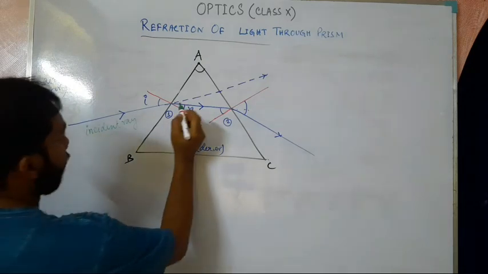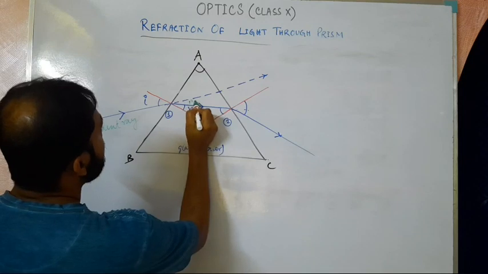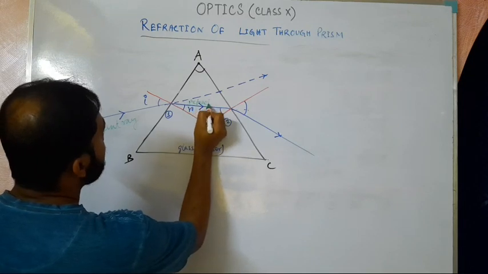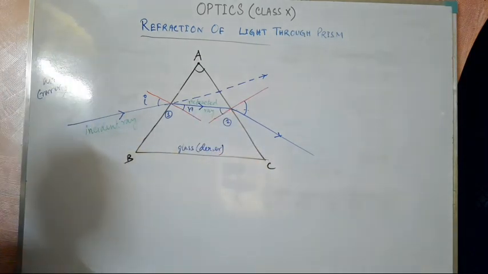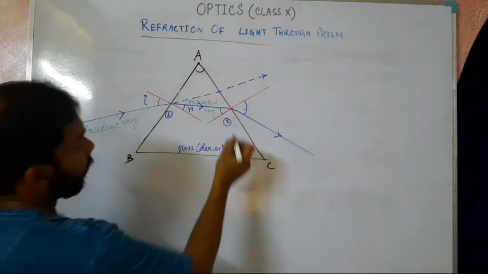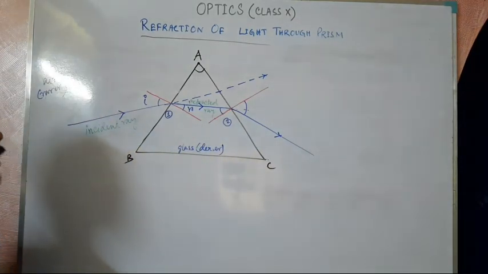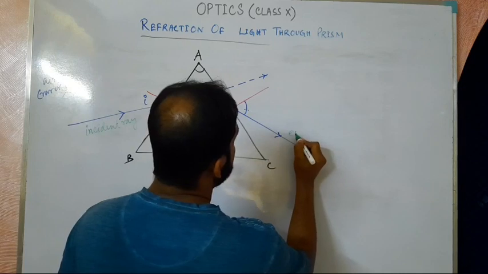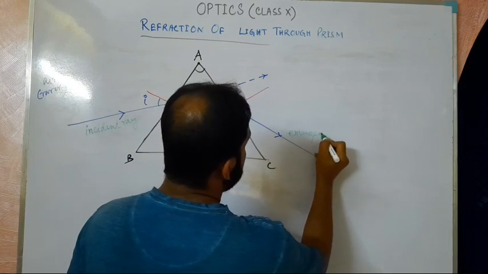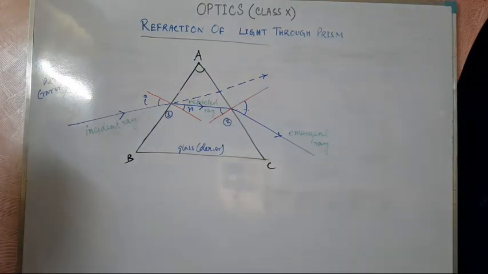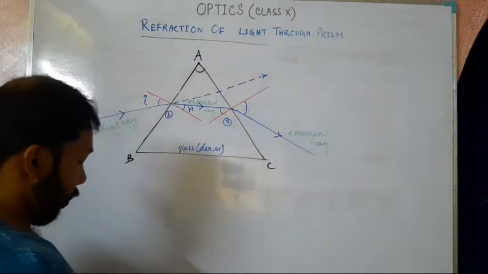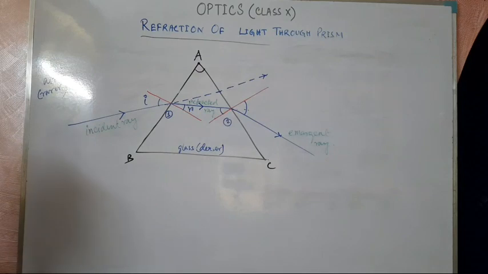Inside the prism, it is called the refracted ray. So this ray is called the refracted ray. And the ray which comes out from the prism is called the emergent ray. So there are three different names for the rays: incident ray, refracted ray, and the emergent ray.